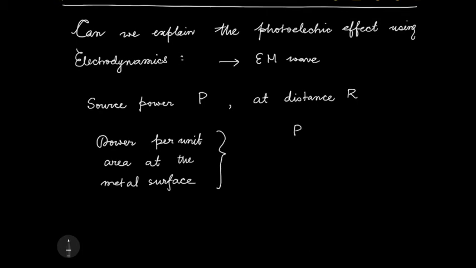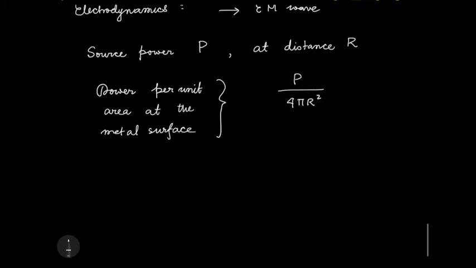Well, P is the power that the source is emitting, and if the metal surface is kept at a distance r, then by the time it has gone a distance r, the entire power is now distributed over 4 pi r square area, because it's like a point source going out to the entire sphere. So this is the power per unit area at the metal surface.